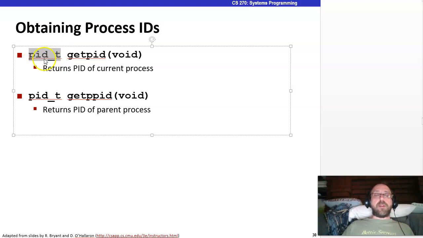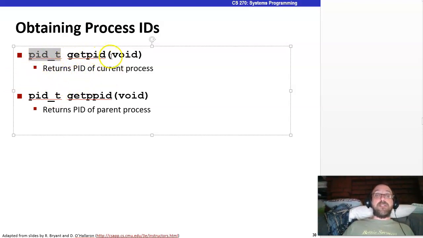We don't typically rely on the precise type. That is, on one operating system, it could be a 16-bit integer. On another, it could be a 32-bit integer. But we use this alias to make our code portable to different Unix-based operating systems.